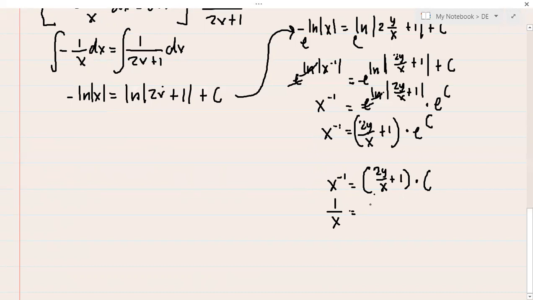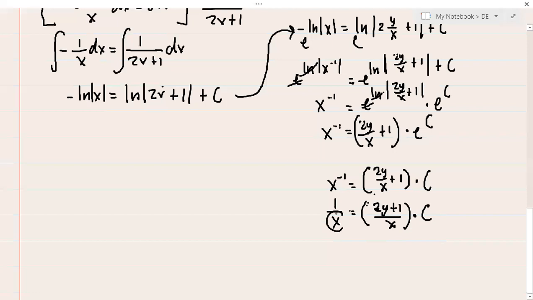So, to go to the point, ito ay magiging quantity 2y plus 1 all over x times c. So, ang gawin ko dito is that I can actually multiply both sides by x.